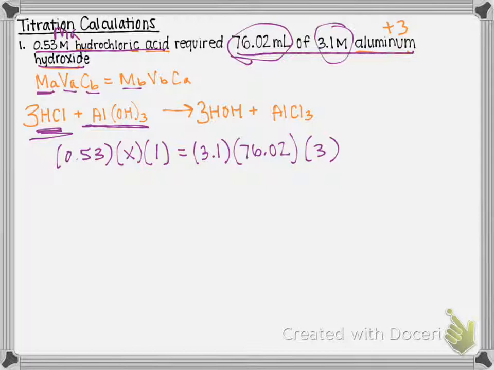Multiply these out, you would get 0.53x equals 706.986. Get x by itself, so divide both sides by 0.53.